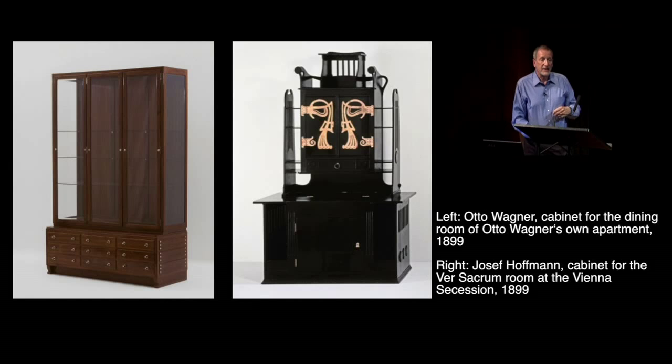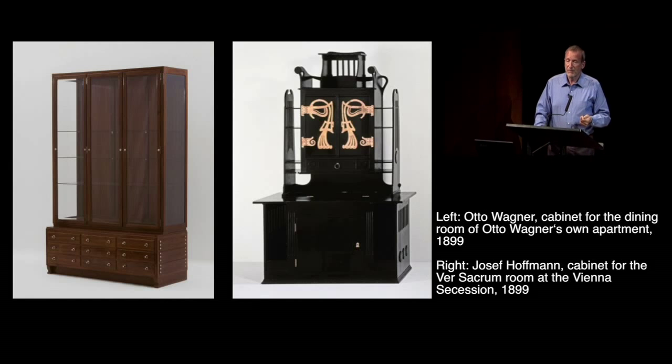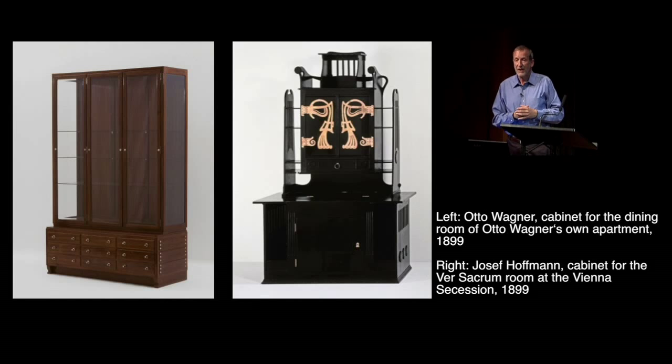Hoffmann, the Secession was founded by these young artists because they realized that Vienna was far behind in Europe in having a modern formal expression. And they say, okay, it exists in France, it exists in England, in Germany, in Belgium. We need to expose the Viennese public to these modern achievements abroad.